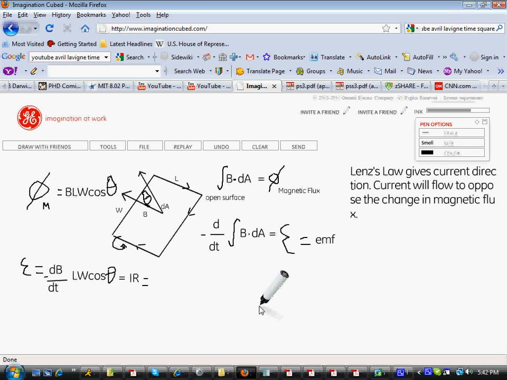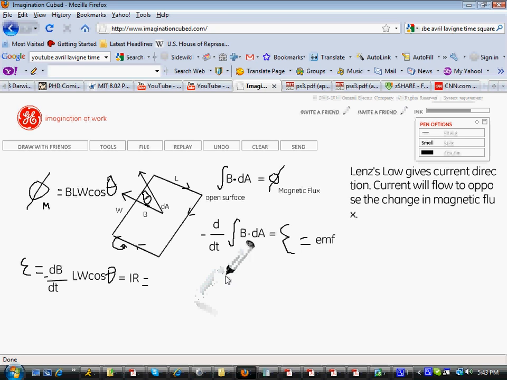Now, why does it do that? Well, let's say it didn't. Let's say the B field increases and the flux increases, and let's say the current flowed in the other direction. Well, that current would produce its own B field going in the same direction, which would again create more of an EMF, which would create more increasing magnetic flux, and pretty much you get a runaway effect, which violates the conservation of energy.